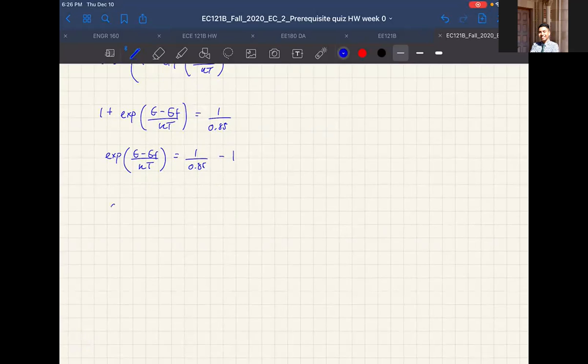And then E minus EF is equal to kT times the ln. So if you put this in a calculator, your result will be that E minus EF is equal to negative 0.045 eV. The reason why it's negative is because the Fermi level is below the energy level. I mean, sorry, the energy level is below the Fermi level. That's what the minus sign means.